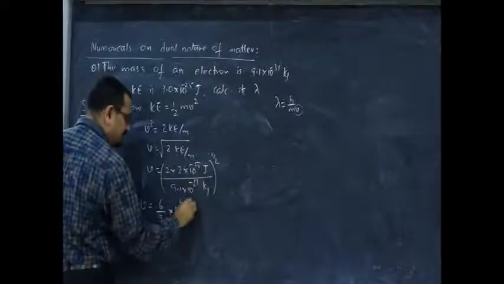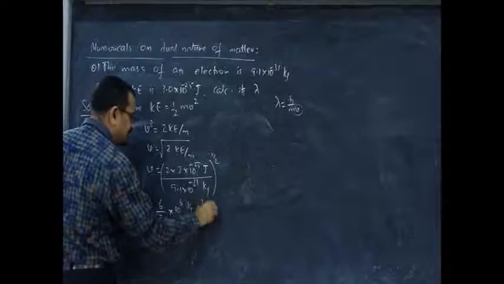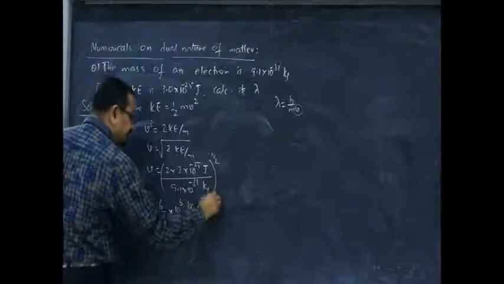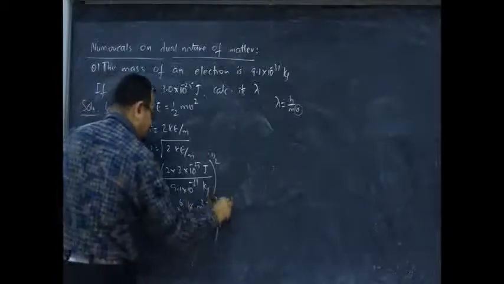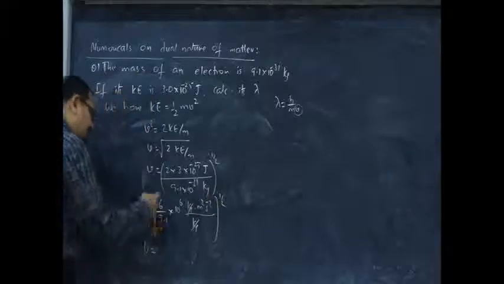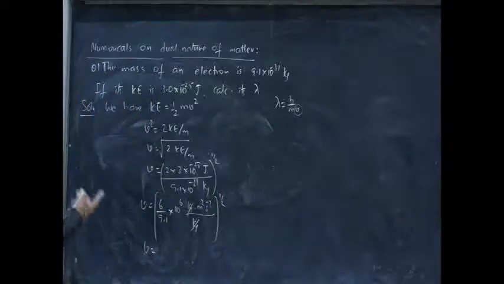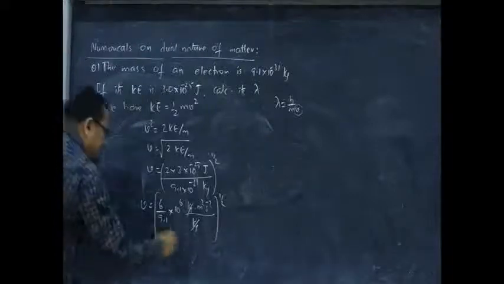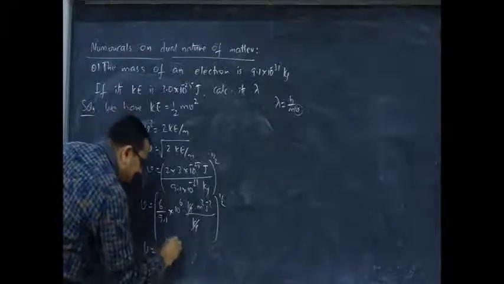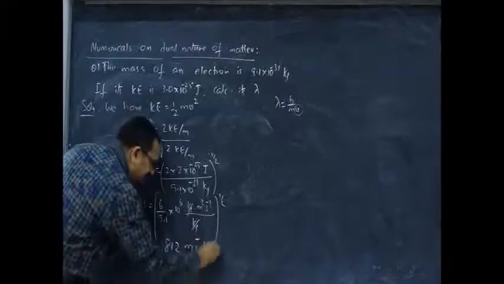This joule, if you substitute kg meter square second inverse square, divided by kg, this is whole power half. On simplification, 6 9s are 54, so it is 0.066 and the whole root of that, on simplification, we will get 812 meters per second, because this is also cancelled.